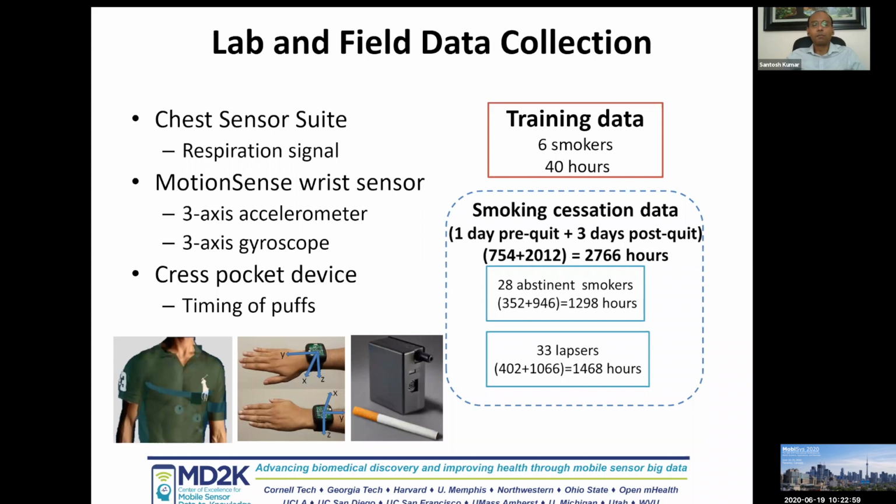We had them blow into a CO monitor when they visited the lab to confirm whether in the past 24 hours they had smoked or not. So that gave us a verification of their smoking status.